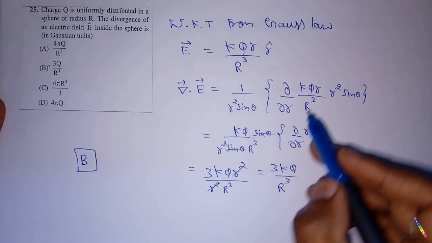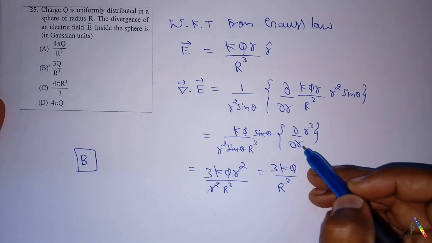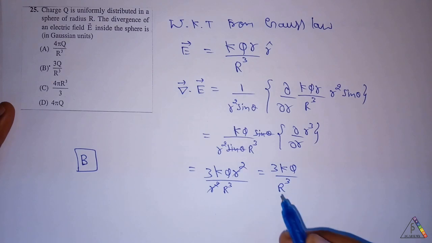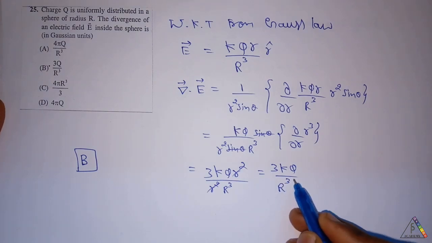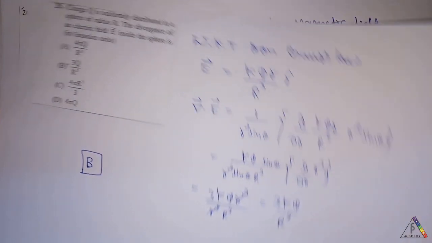By taking them outside and differentiating with respect to r, we get the divergence of this electric field as 3 k q by r cube. Therefore, for this question, the answer is B option.